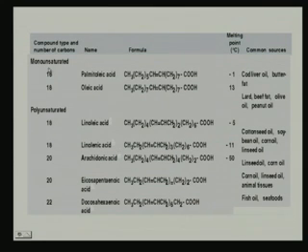Now, if we see some examples of the monounsaturated fatty acid, polyunsaturated fatty acid, then we can find palmitoleic acid, oleic acid, linoleic acid, linolenic acid, and so on. So, depending upon the carbon chain and number of double bonds, the naming has been done.